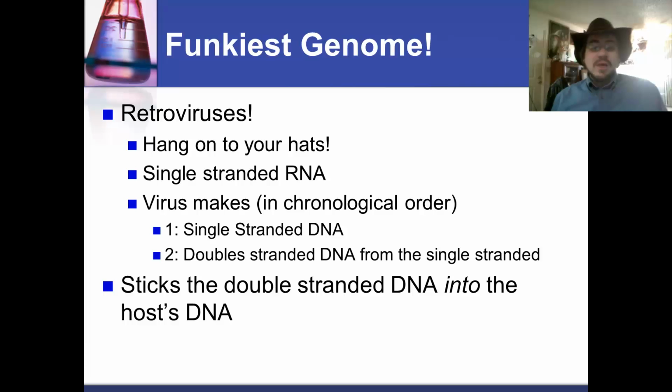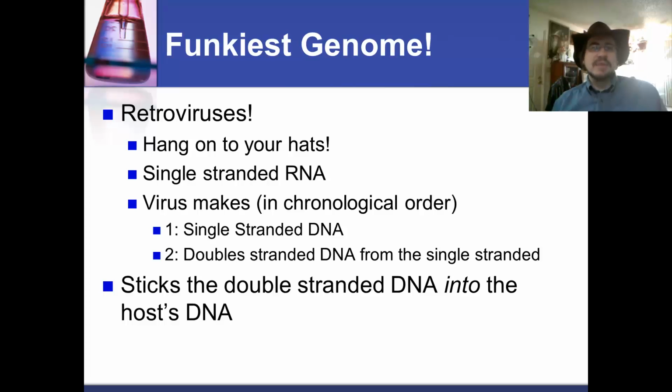And when that virus wants to, it will shut down your white blood cells and essentially make you have zero immune system. And that's why HIV can turn into AIDS, which is an acquired immune deficiency syndrome.